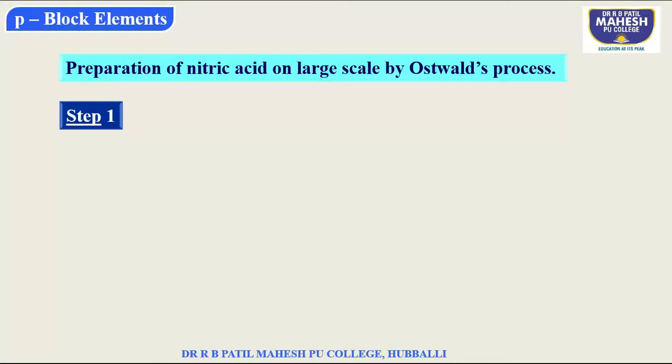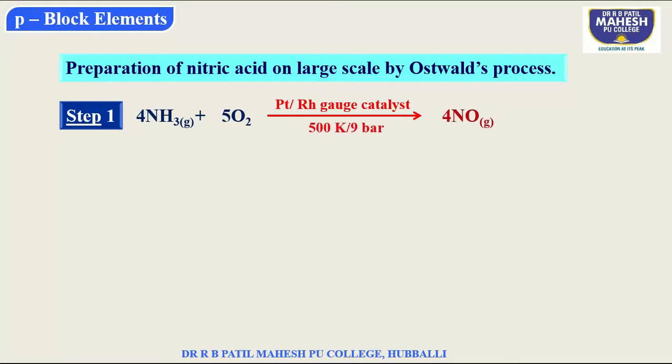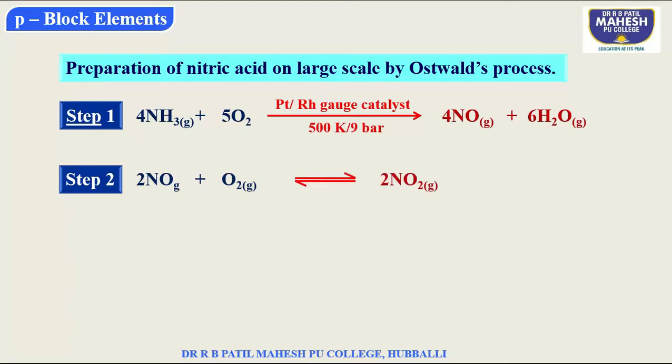The first one, oxidation of ammonia with air or oxygen in the presence of platinum-rhodium catalyst at a temperature of 500 Kelvin and 9 bar pressure to form nitrogen monoxide as a product along with water. In the second step, this nitrogen monoxide undergoes further oxidation to form nitrogen dioxide, and this reaction is reversible in nature.